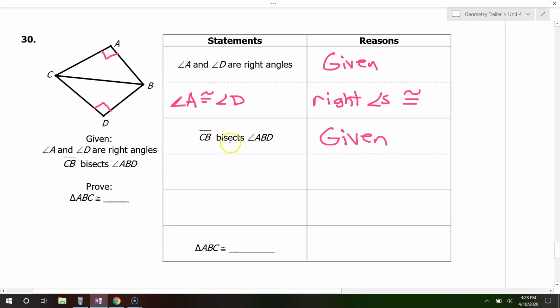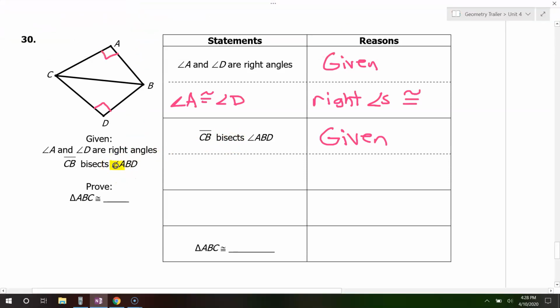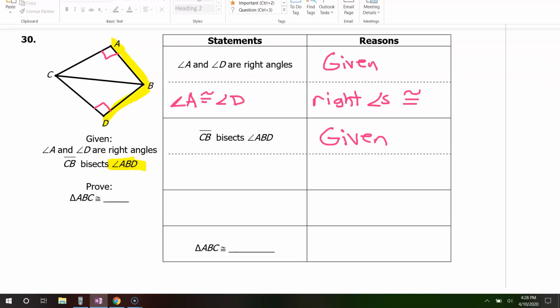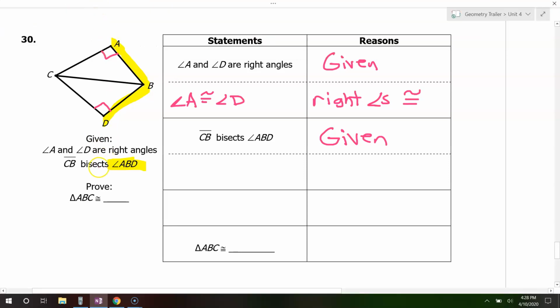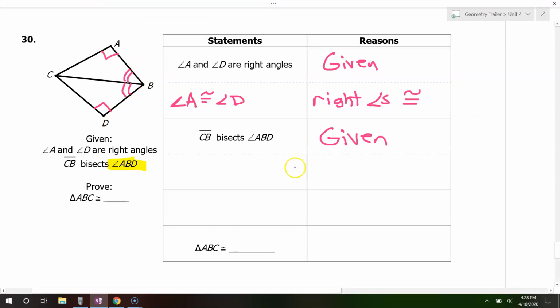So let's think about it. What does it mean to bisect something? Bisect means to cut in half. So focus on angle ABD. Here's angle ABD. That angle is being bisected. It's being cut in half. So that means that this part must equal this part. Whatever we just marked on the picture, that is your next statement.